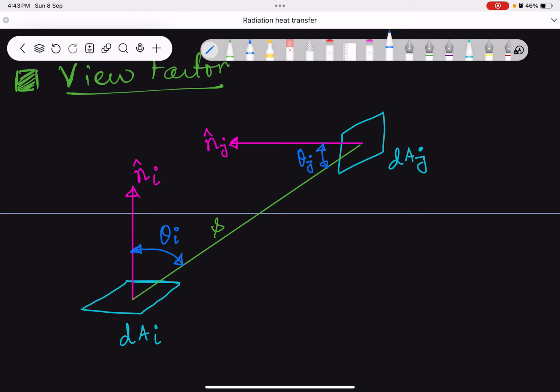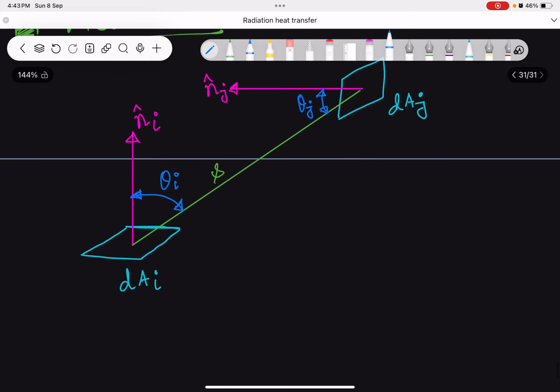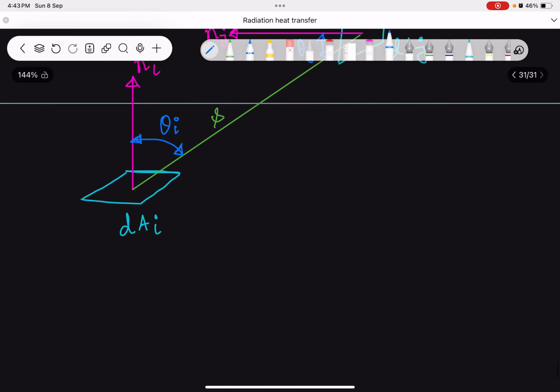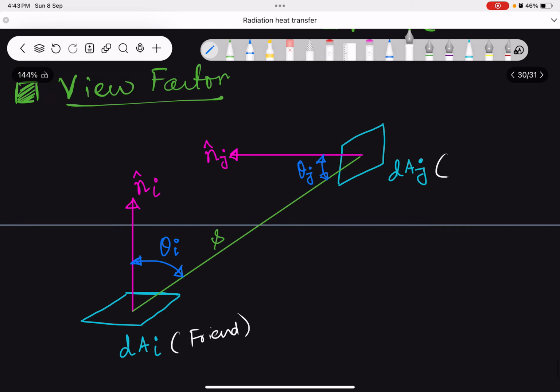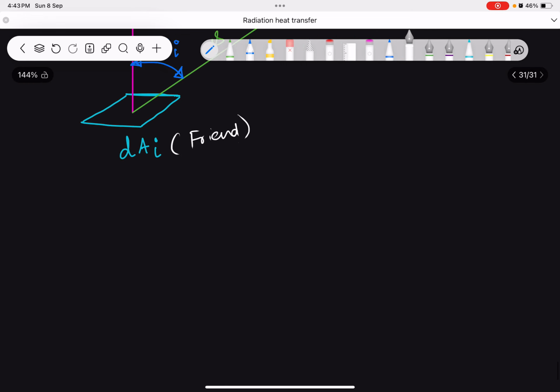Okay, these angles are theta i and theta j. So I have already told you that this is your friend and this is you. Okay, so my view factor is described as F dAi dAj.